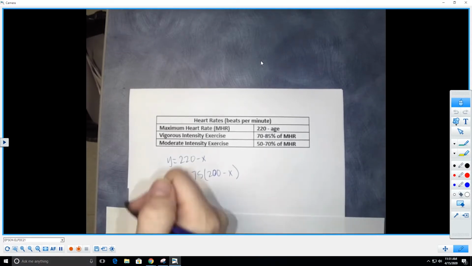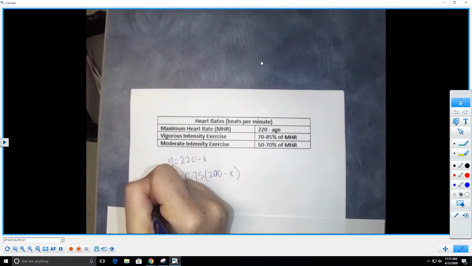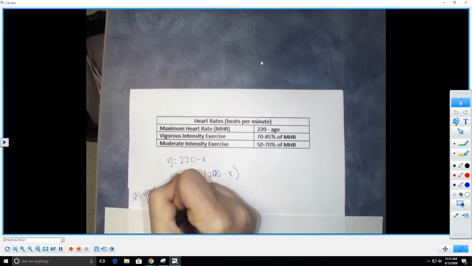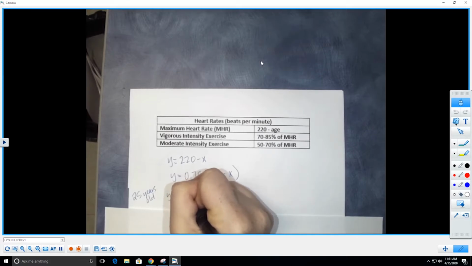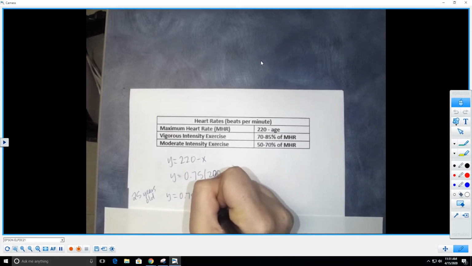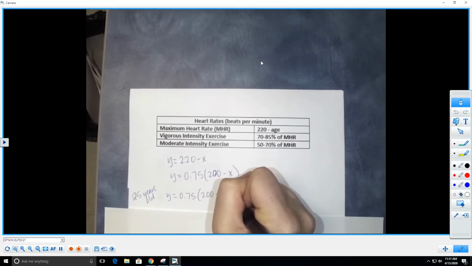So for someone who is 25 years old, it would look something like this. Y equals 0.75 times 220 minus 25, which equals 0.75 times 195, which equals 146.25 beats per minute for a 25-year-old.